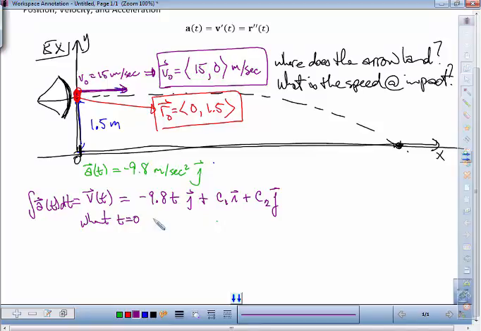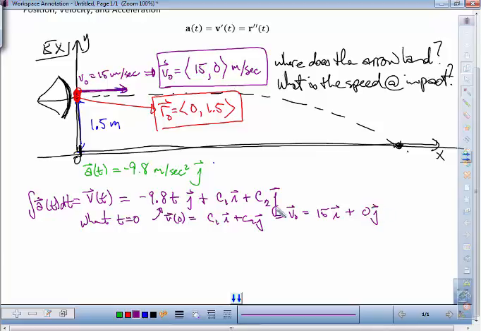So let's put 0 in for t here. V of 0 is equal to negative 9.8 times 0 is 0. So we just have c1 in the i direction plus c2 in the j direction. And that's equal to, it's supposed to be equal to v naught, which is 15 and 0 in the j direction.